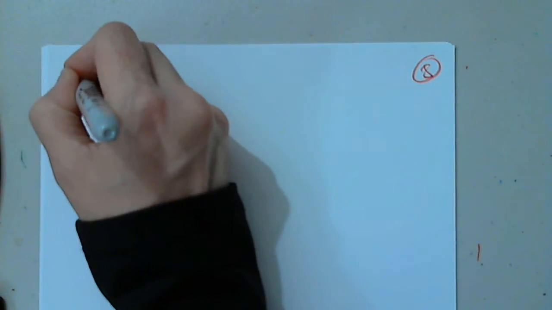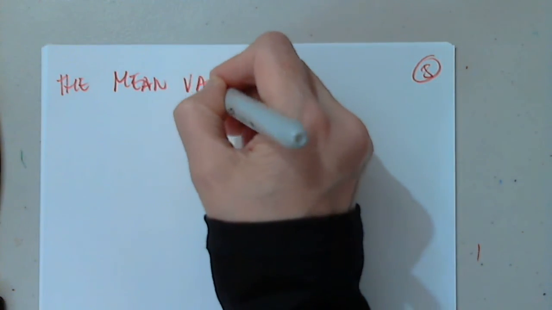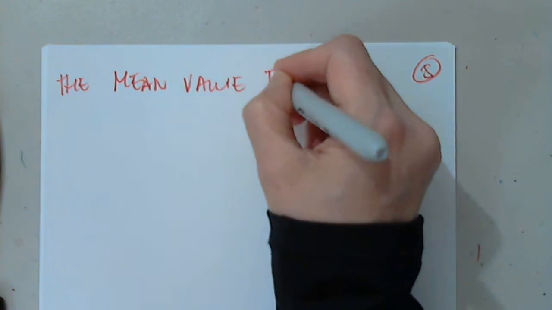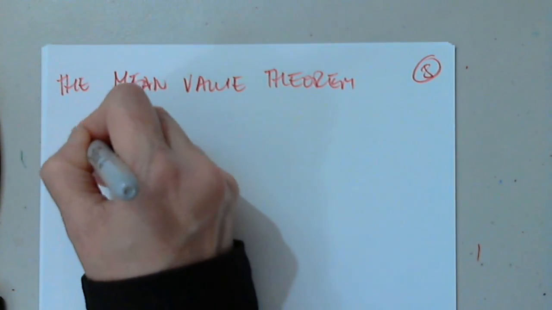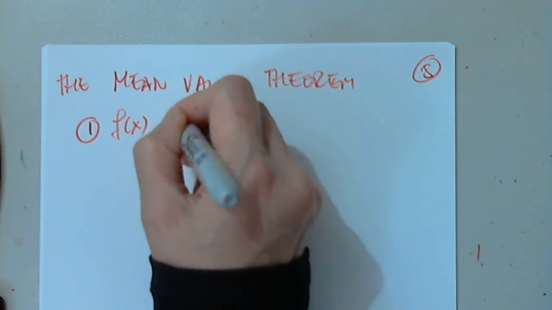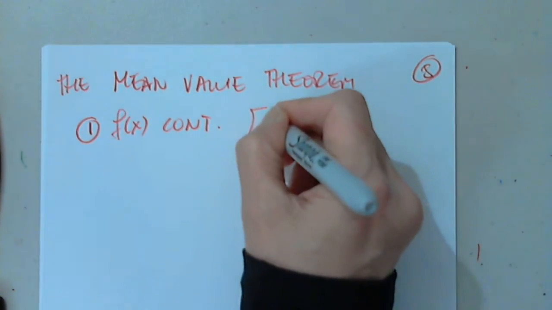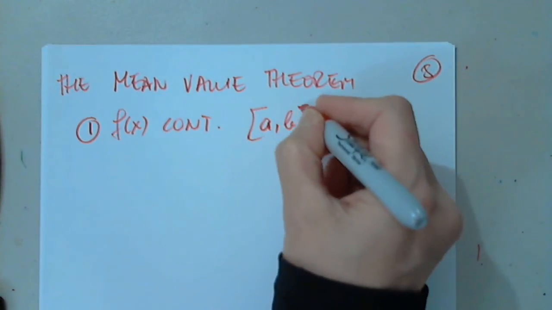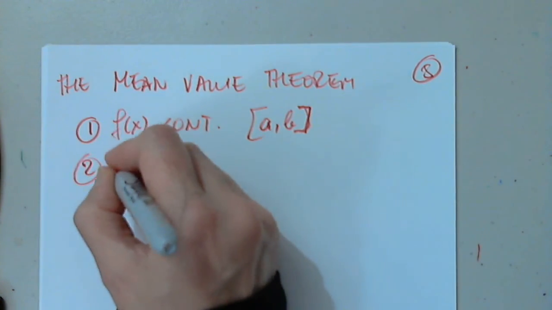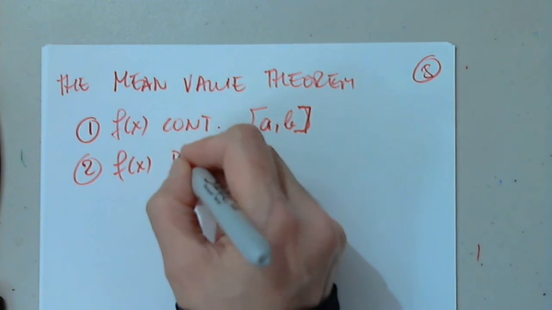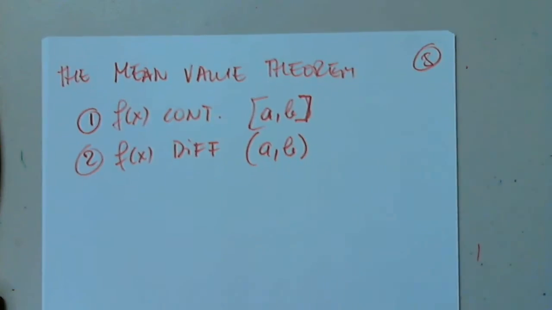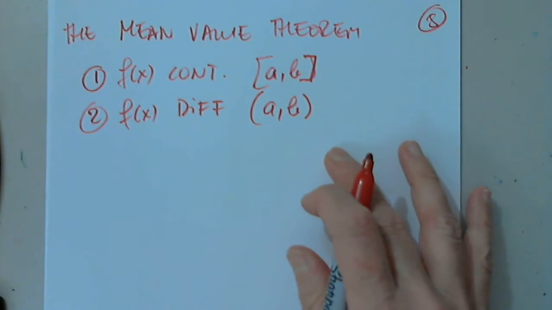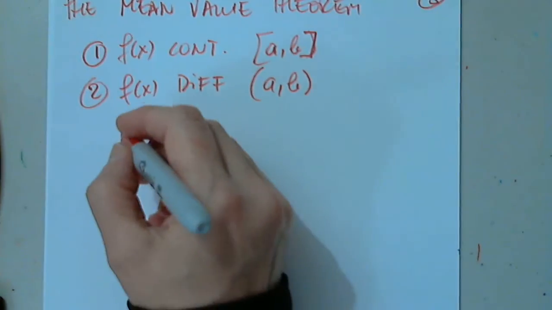The mean value theorem. Okay, same thing. F of x continuous on a comma b. Number 2, f of x differentiable, at least on the interval a comma b. No third one.